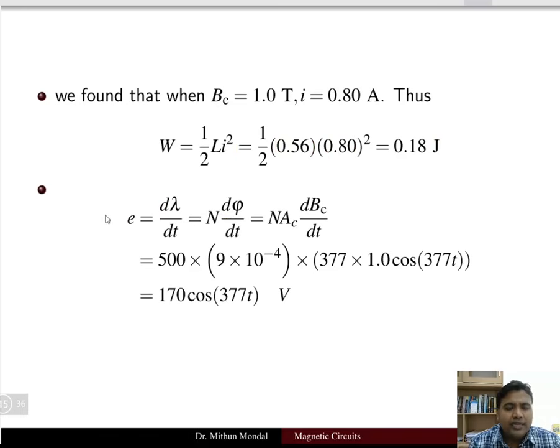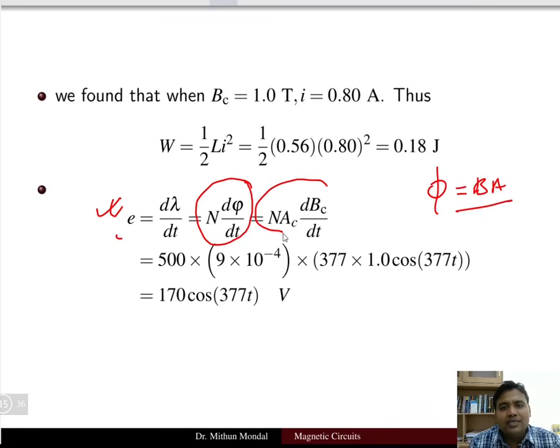And the induced EMF was the third part to be asked. So the induced EMF, you know, is N d phi by dt from Faraday's law. And phi can be substituted as B into A. So you will get N A_C dB_C by dt. The number of turns is given to you, the area of the core is given to you, and the value of dB by dt you can easily obtain from differentiation.